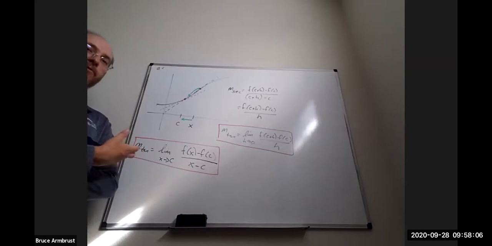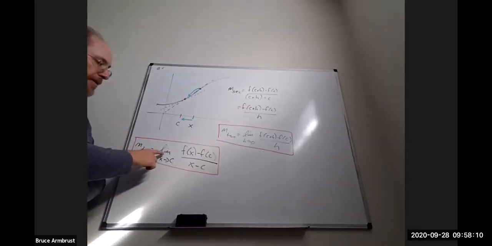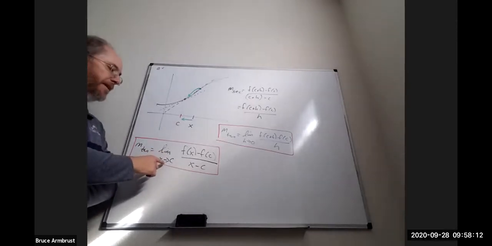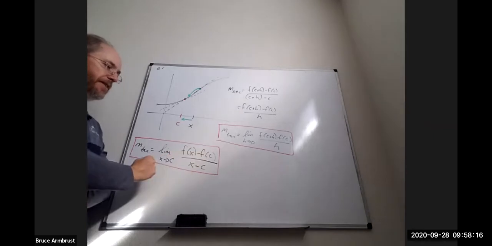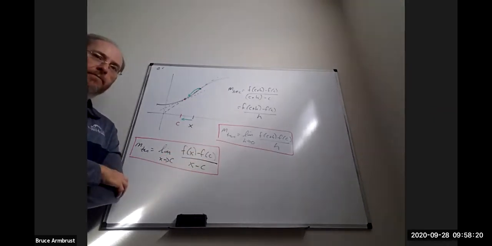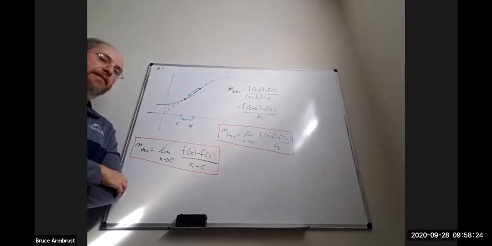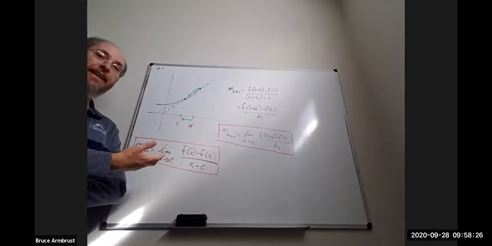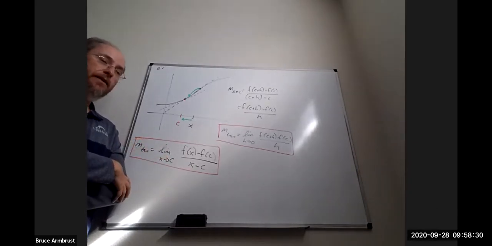Now, check out what happens with both of these if we just plug in the value. Think about this, the limit as x goes to c. If we were to plug in c, we would get f of c minus f of c over c minus c. Well, that's 0 over 0, which we've seen as an indeterminate form. It could be anything, and we had to play some sort of an algebraic trick.